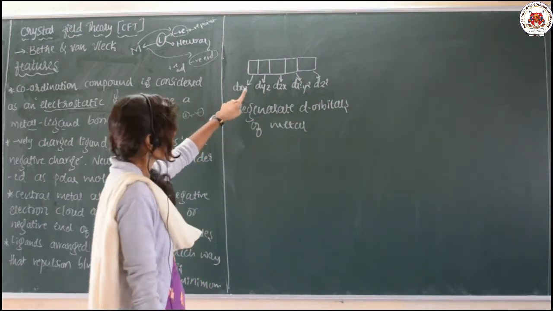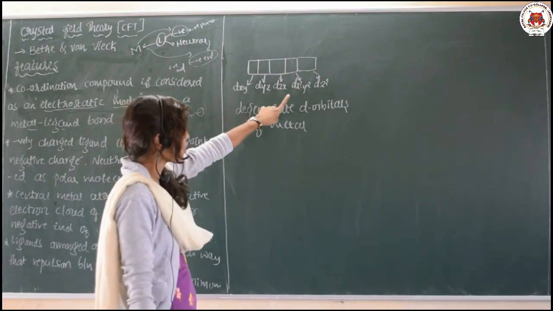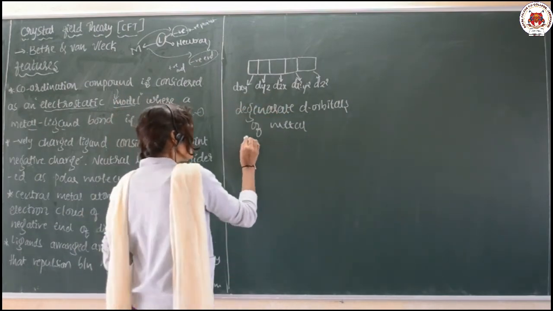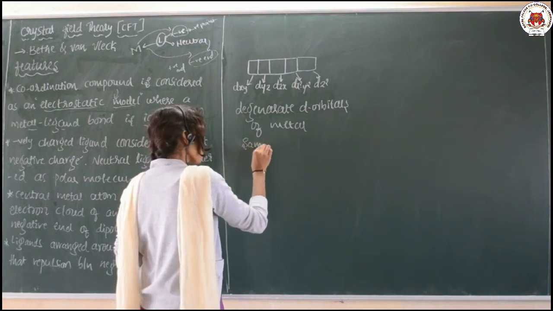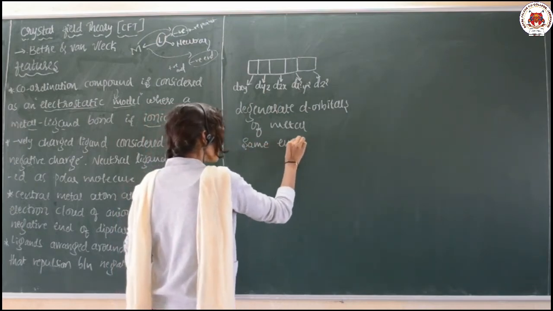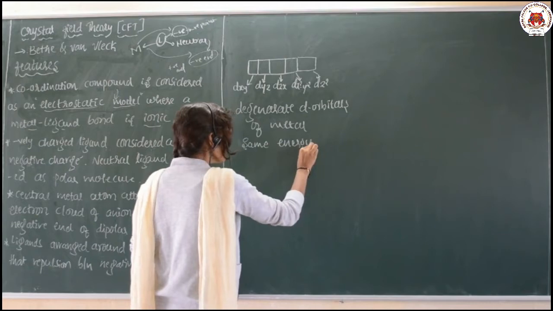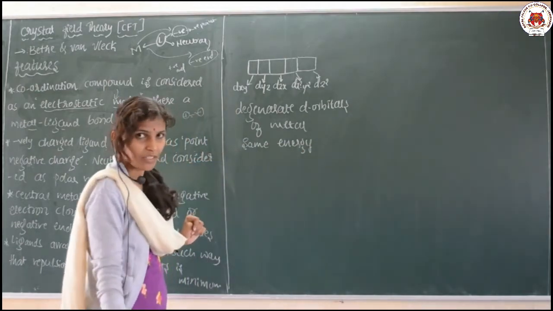And these five degenerate d orbitals, degenerate is nothing but all the orbitals having the same energy. Clear?